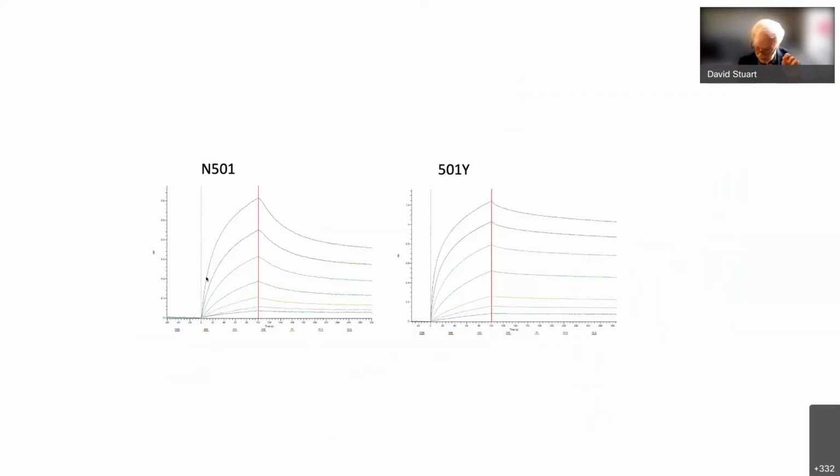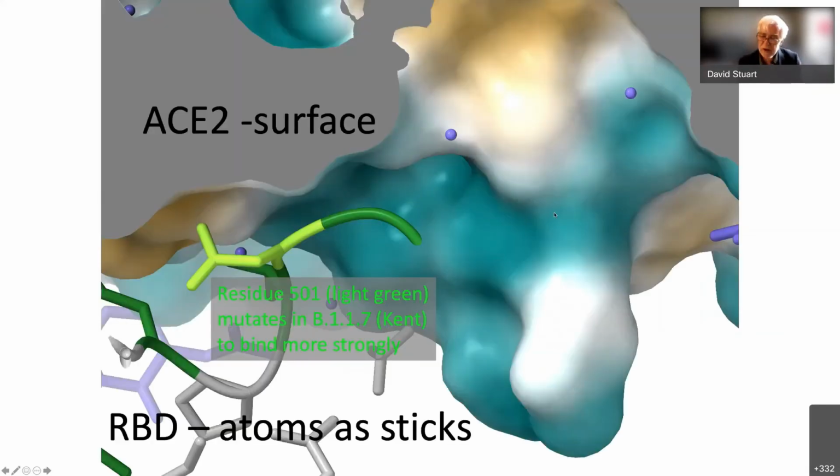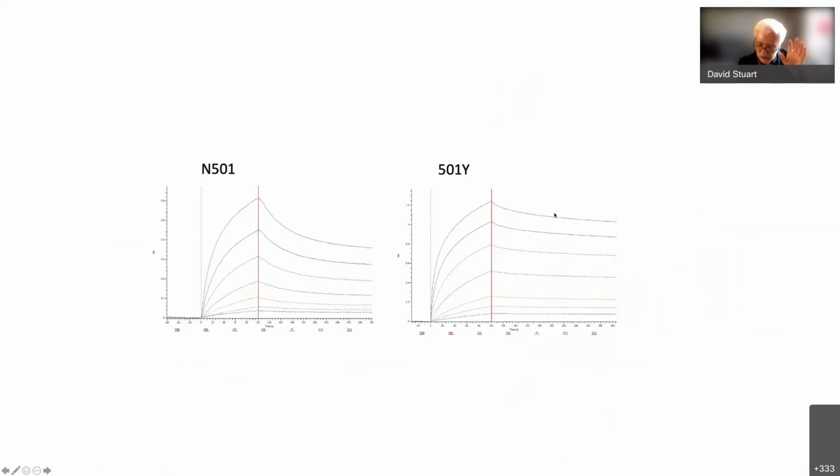And when we did BLI affinity measurements, you can see that the off rate following mutation to tyrosine for ACE2 is reduced. So the ACE2 has a longer residency time on the receptor binding domain with the tyrosine mutation.